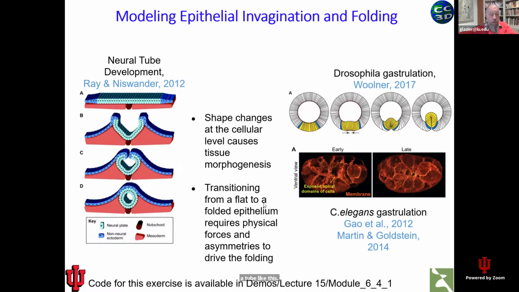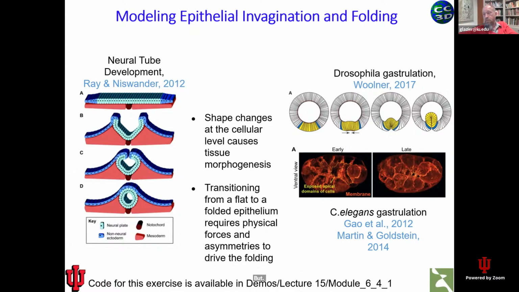This is a very common process in development. It happens again and again and again. Not only the formation of the neural tube, which will eventually lead to the spinal cord, but in a whole set of different situations. It also happens in fruit flies, in worms, but we're going to try to understand the basics.